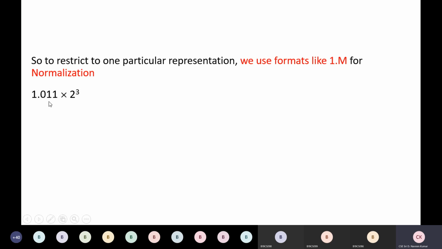The remaining bits after the dot form the mantissa part. Then it is multiplied by 2 to the power of 3, where 2 is the radix and 3 is the exponent.